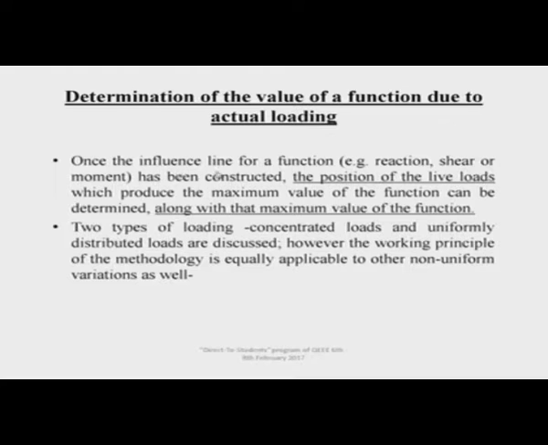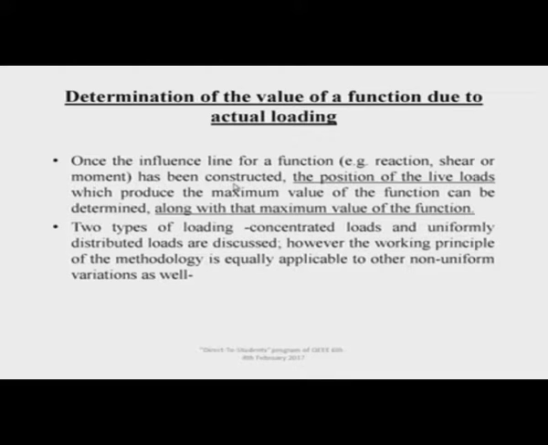So, once the influence line for a function is constructed, suppose a reaction, mind that the reaction is an external stress resultant. We give a point load as a reaction, but it is the external stress resultant, which is the sum total, the resultant force. And there are also internal stress resultants, shear and moment.